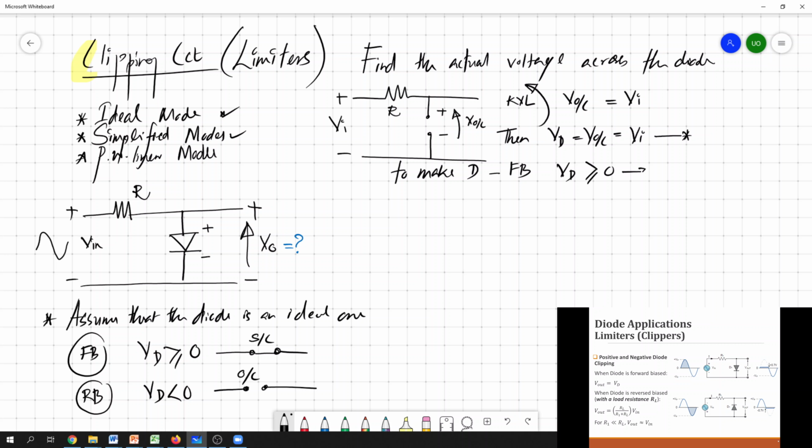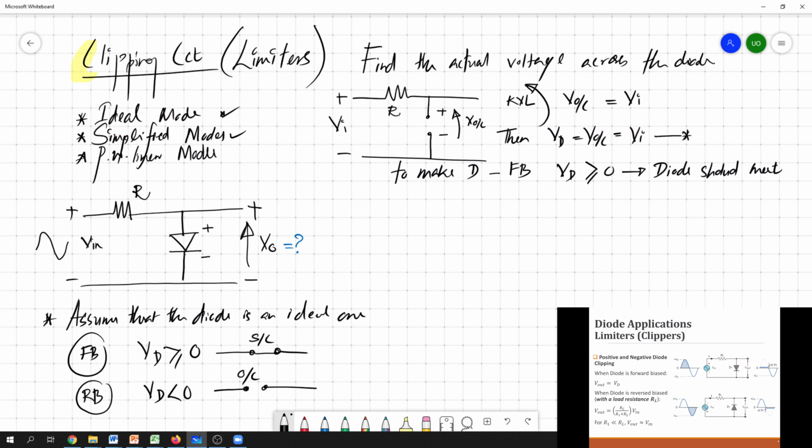This is the condition that the diode should meet. From this we can easily evaluate the condition this particular circuit should satisfy to make the diode forward biased.